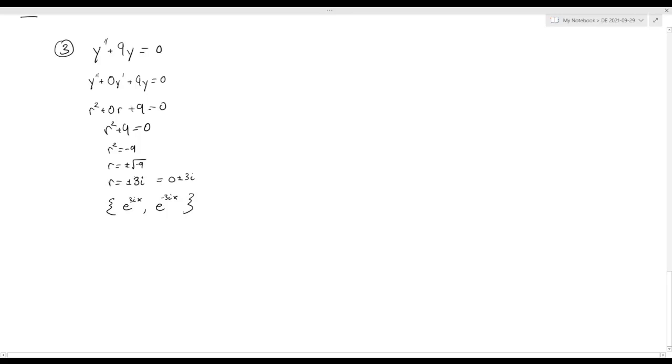But it might be the case that this differential equation is modeling real number phenomena. So we probably want to rewrite this in terms of just real values.